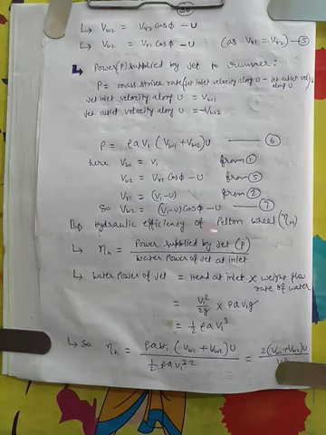Now the hydraulic efficiency of the Pelton wheel will be power supplied by jet to the runner over power of jet at the inlet, the water power of the jet. How can we calculate water power? We know that water power is equal to head at inlet into weight flow rate of the water.